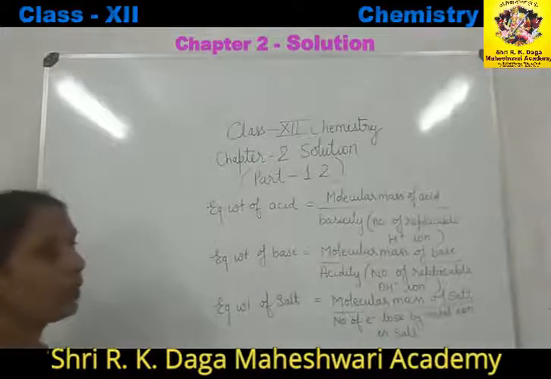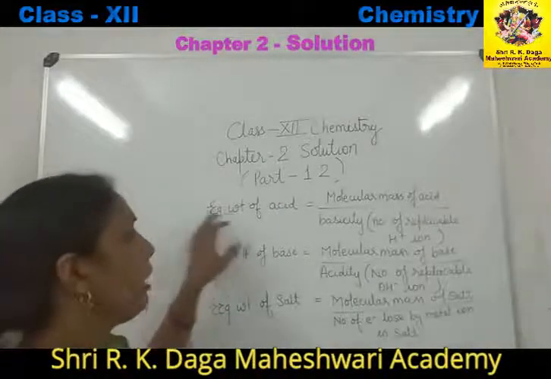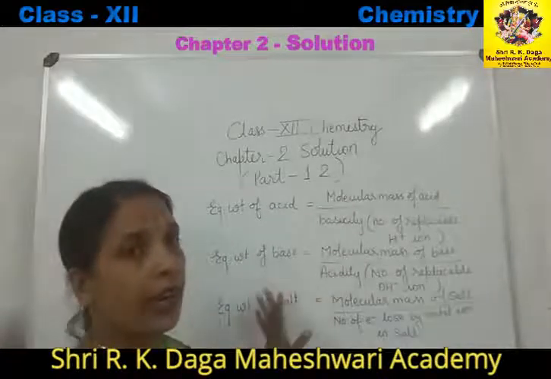Divide the molecular mass of the salt by the number of electrons lost by the metal present in the salt to form the salt. So these are the formulas with the help of which we can calculate the equivalent weight of an acid, a base and a salt.